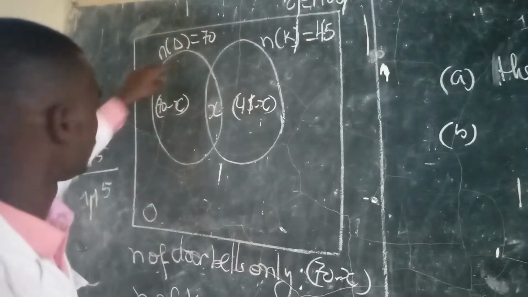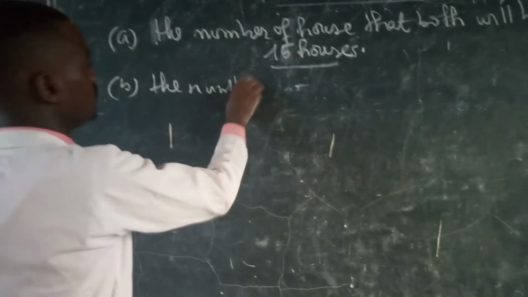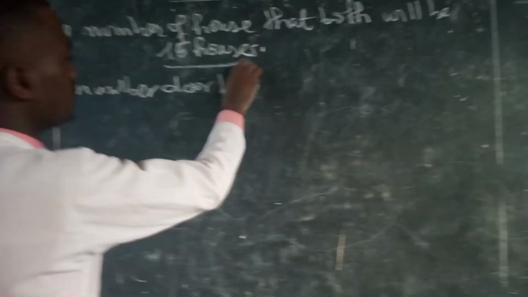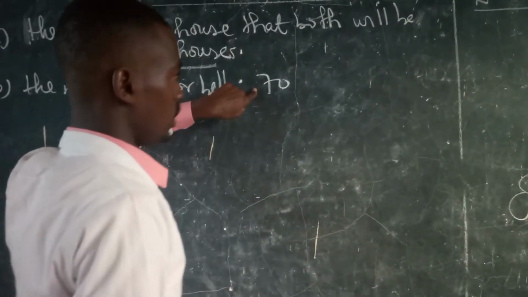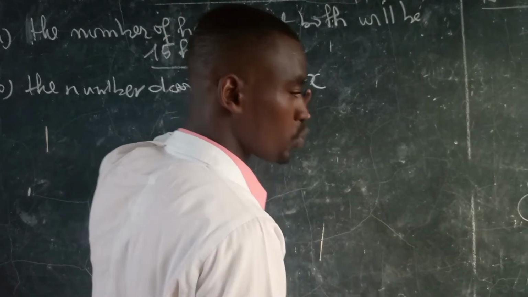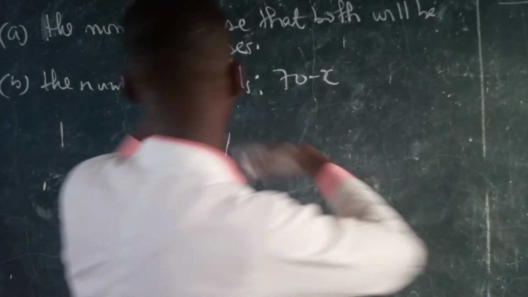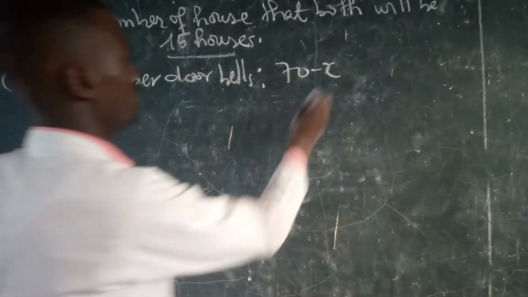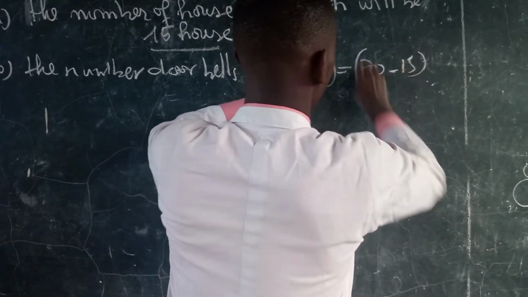The number of doorbells only will be calculated by taking 70 as the total number of all the set of doorbells minus this x, which is equal to both doorbells and knockers. So it is equal to 70 minus 15.